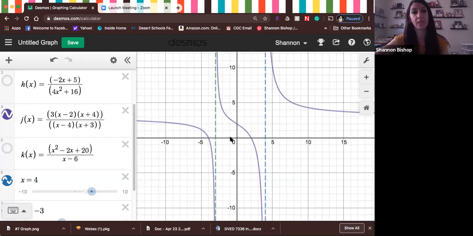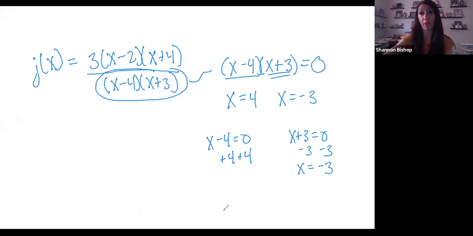And then since those asymptotes are the errors of the function, it also goes to conclude that your domain, remember that domain means valid values of the input.